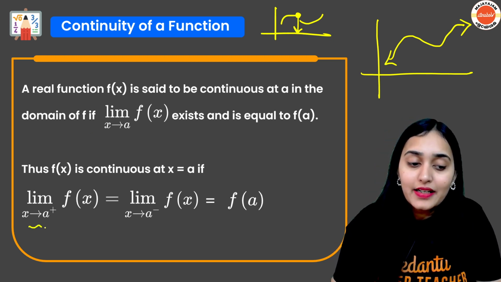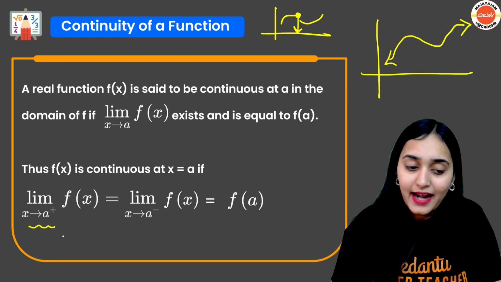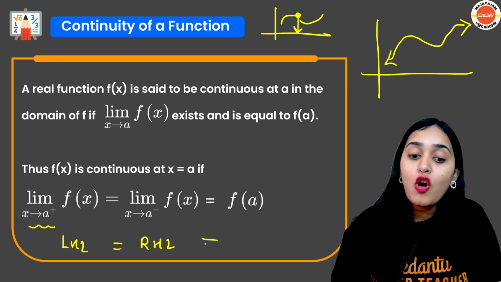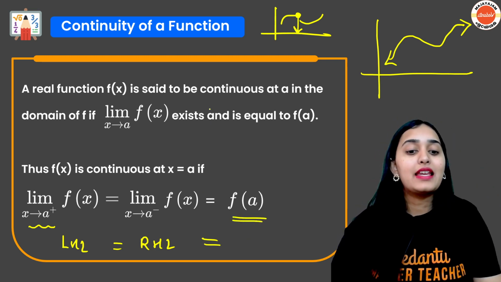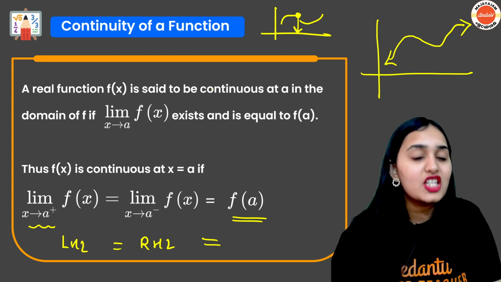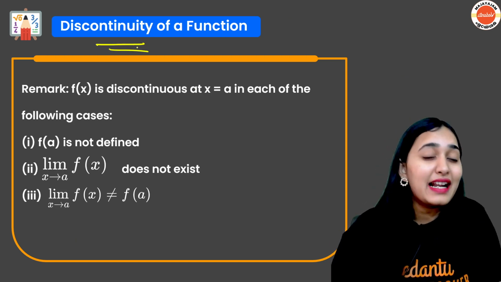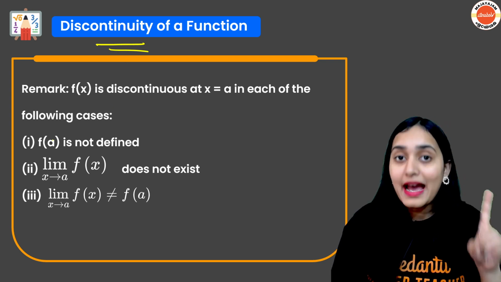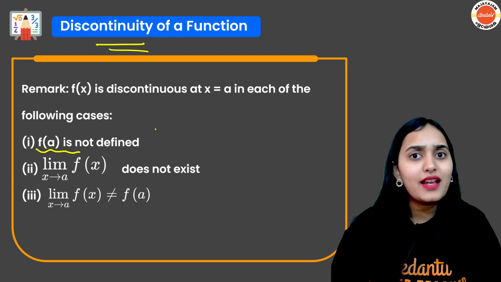So at that certain point, we will check the limit. Okay. If the left hand limit is equal to the right hand limit and it is also equal to the value of the function at that point, then we say that it is a continuous function graph. Now, at what point will we say that it is a discontinuous function graph? Either your function at point a does not even exist.